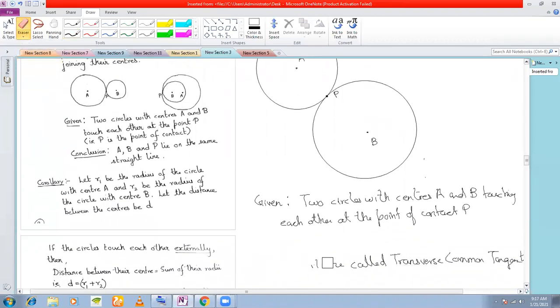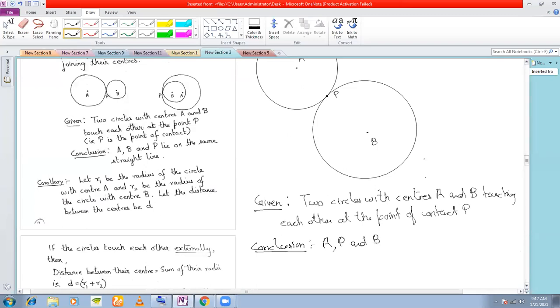Then what can I conclude? My conclusion is that A, P, and B must lie on the same straight line.